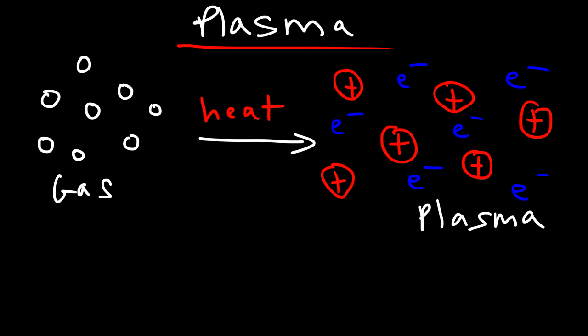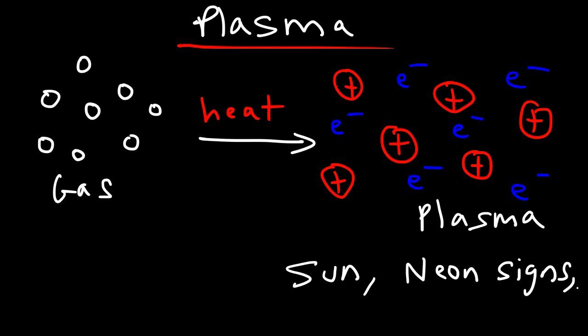Now, plasma is present in places like the sun, where you have a very hot ionized gas. It's also present in neon signs. They use plasma to generate light. And even fire. Fire is part gas and part plasma.